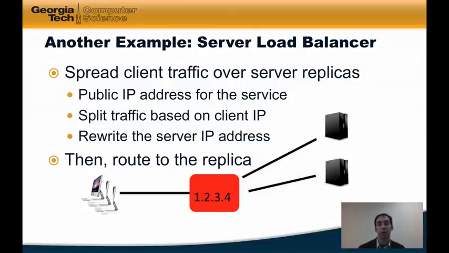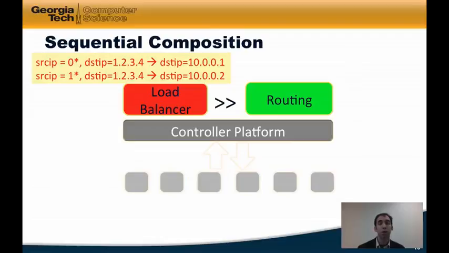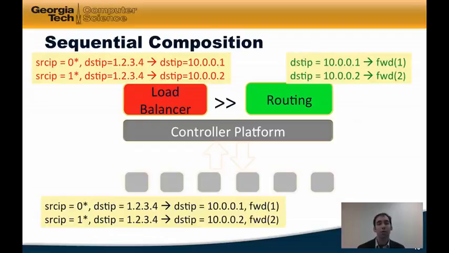After rewriting the server's IP address, the load balancer then routes the traffic to the appropriate replica. This application requires what is known as sequential composition. First, we need to perform the load balancing operations of matching on a particular source IP address and subsequently rewriting the destination IP address accordingly, and then forwarding the traffic to the appropriate output port. As before, the controller composes these rules into a single set of rules that can be installed in the switches.